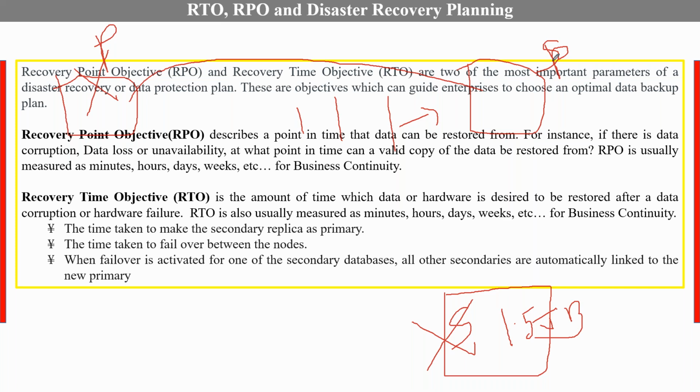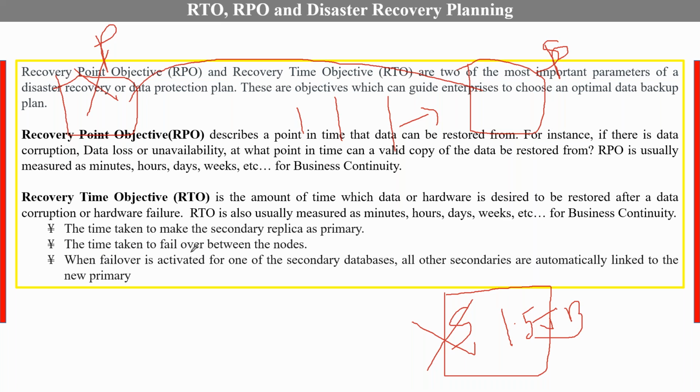Now, if something happens, I have the secondary. But when you do the failover, it is taking 1 hour to fail over. Will you agree, sir? So that is also the time taken to make the secondary replica the primary. That is also RPO, sir.